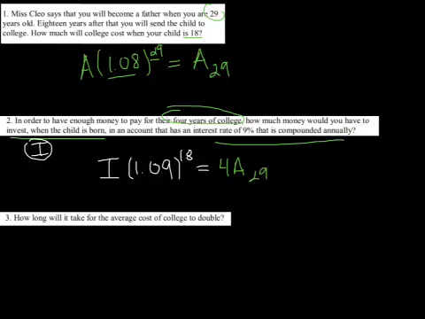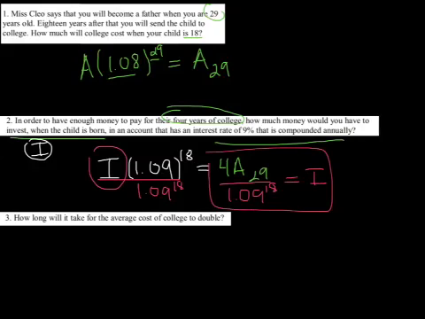Okay? And so now you can solve for the initial investment, and all you do is divide on both sides by 1.09 to the 18th power. Whatever that equals will be your initial investment. So this here will equal I.